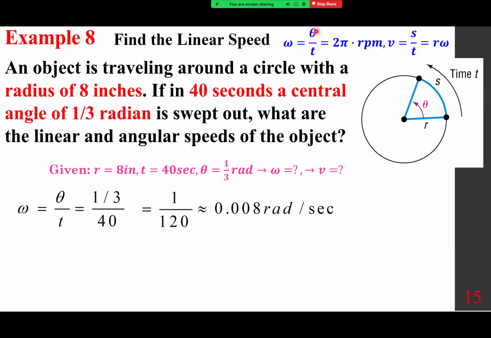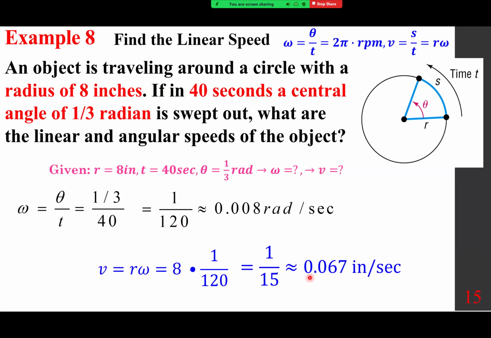The units of the numerator over the denominator, radians per second. V equals r times omega. And the reason I use that, it's exact, it's easy. It's 1/15 or about 0.067 units of r per second, r is in inches.